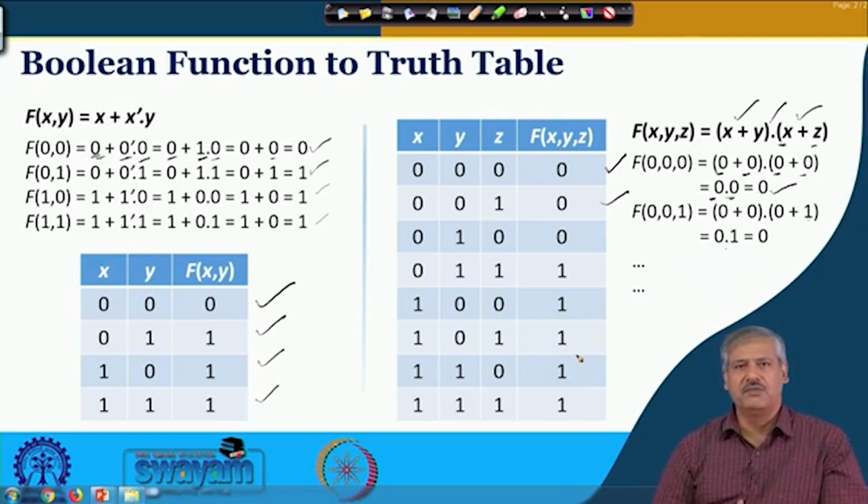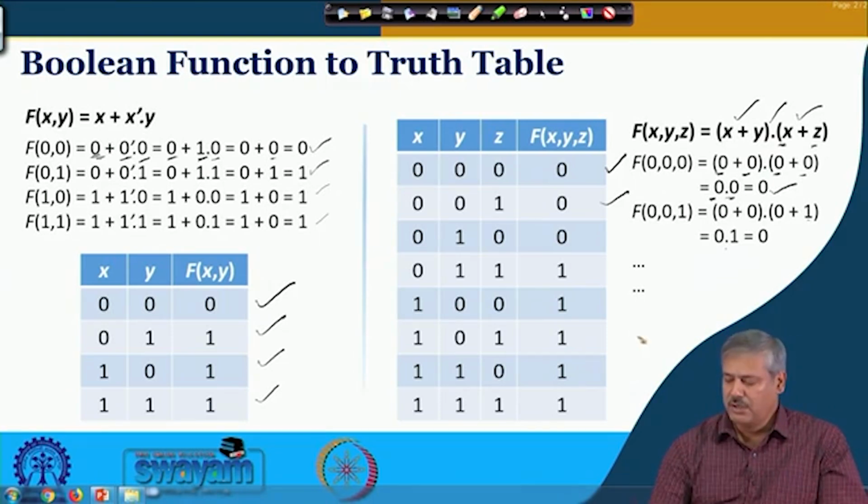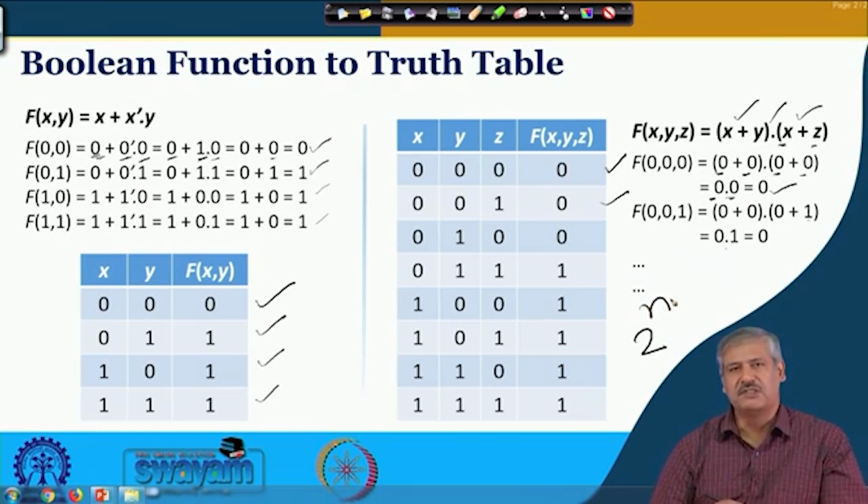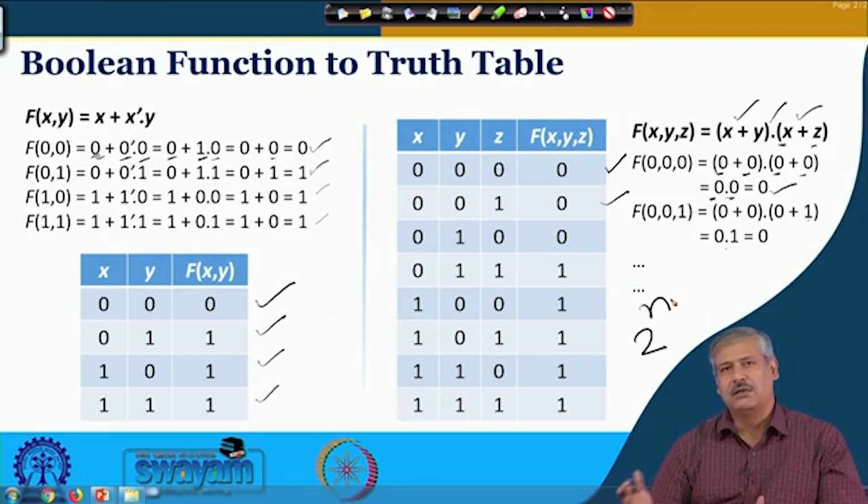Given any function of any number of variables, the number of rows in the truth table will be 2 to the power n if n variables are there. We go on substituting each combination of values, work out the AND, OR and complement operations, and finally we get the different entries.